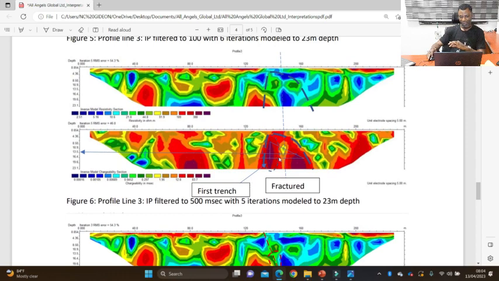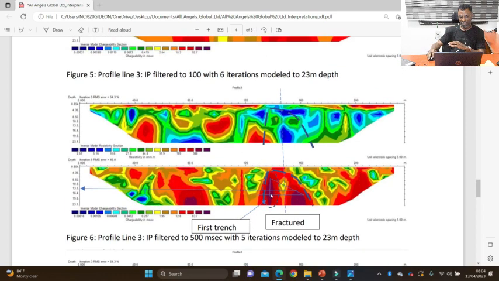You see, at this particular location, we see this narrow body that seems to be fracturing between them. This is the same kind of body.